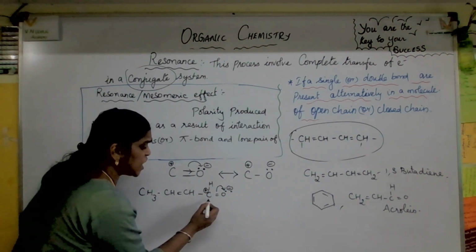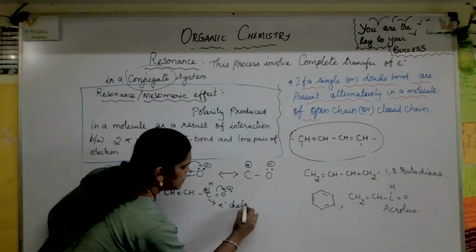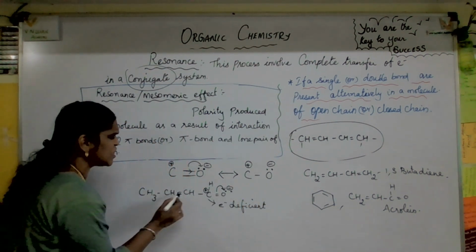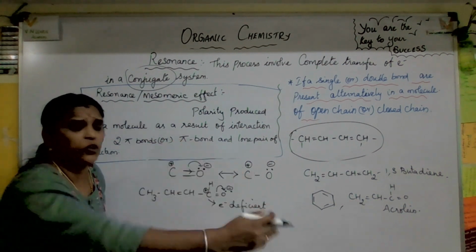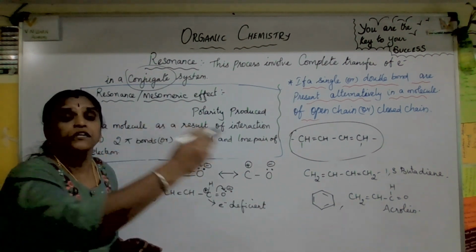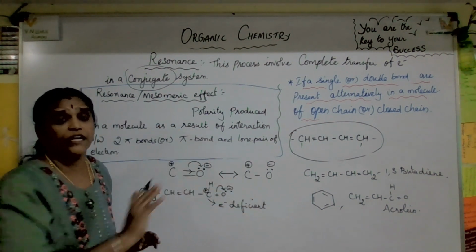The plus charge is electron deficient, so this bond is ready to donate. The pi electrons are shifting, delocalized, displaced.